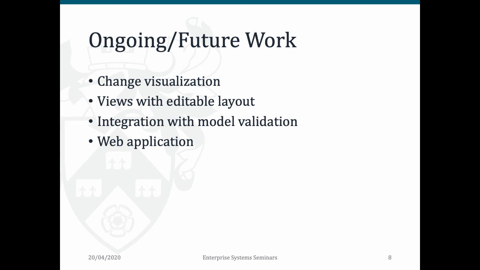The idea is that we're trying to compute essentially a delta of the view tree with only views that have been affected by this change, and also show the changes in a sensible way. We're also looking at views with editable layout. Alfonso has implemented a clone of the eCore visualization transformation that makes use of joint.js instead of GraphViz.